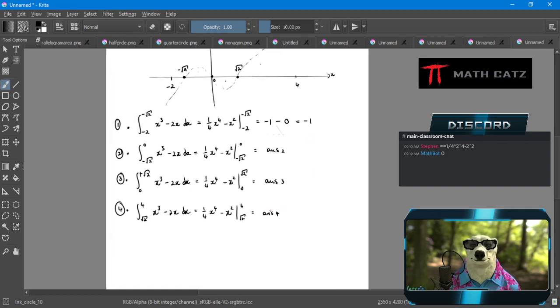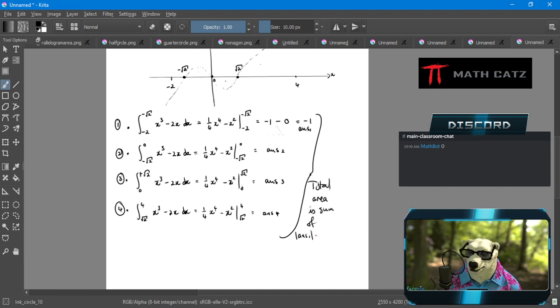Make them all positive, and the total area is the sum of, let's call this guy answer 1, making it positive, so the absolute value of answer 1, absolute value of answer 2, absolute value of answer 3, make them all positive. It's just a little tedious to do, but there's no deep insight involved.